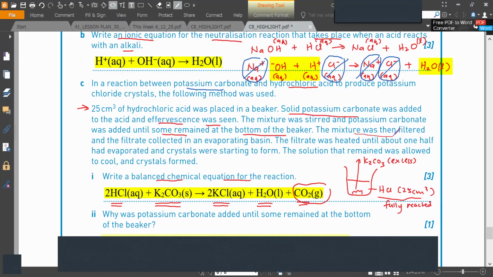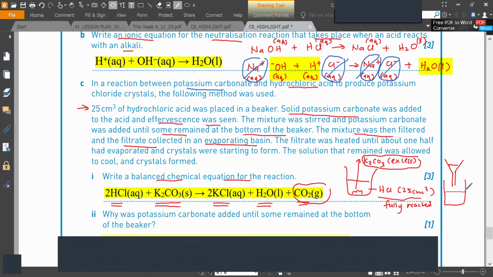Then the mixture was filtered and the filtrate collected in an evaporating basin. So we filter the reaction mixture to remove the potassium carbonate. This is quite useful.